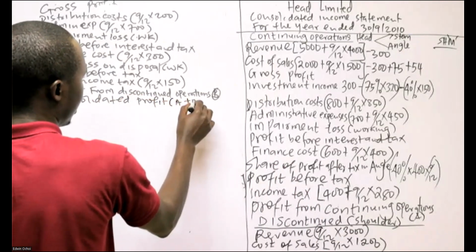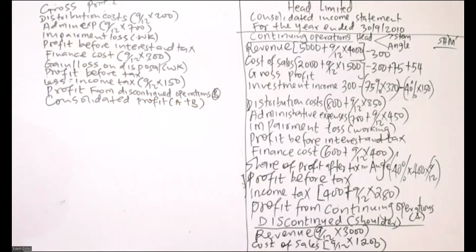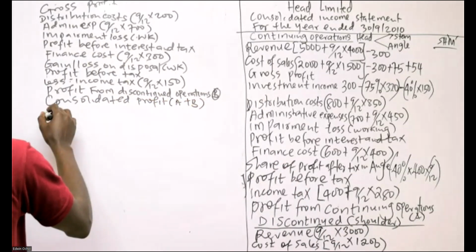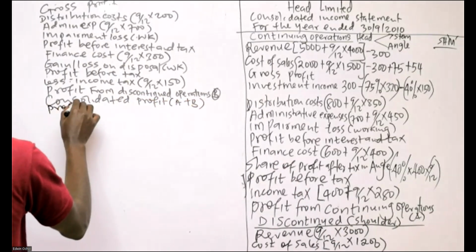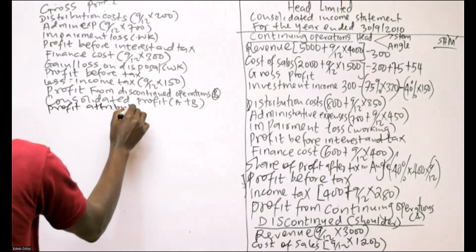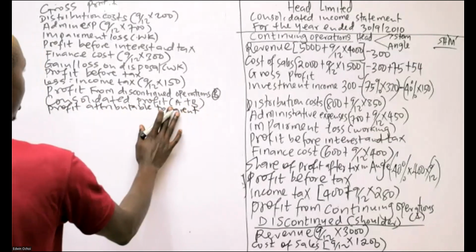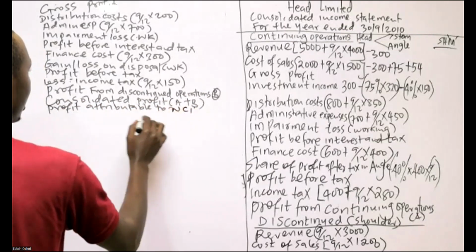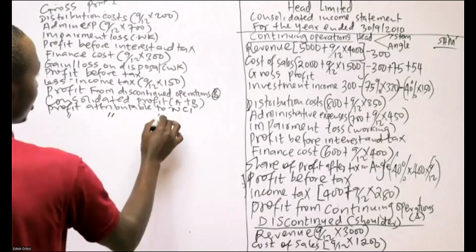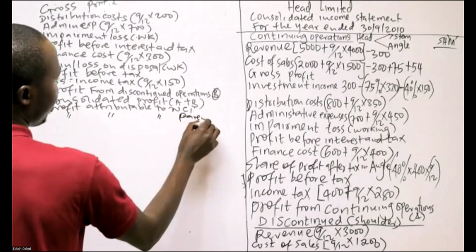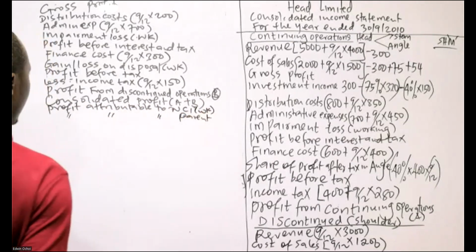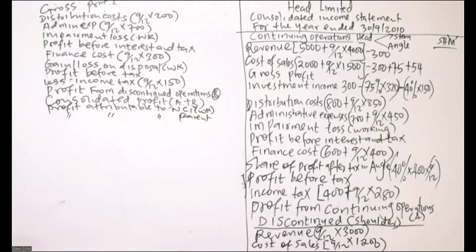That is A plus B. After consolidated profit, I will say profit attributable to parent. I can start with profit attributable to NCI, then profit attributable to parent. For the NCI, you need a working. So now we can use our calculator to get those figures, then we do workings, and the question will be done.